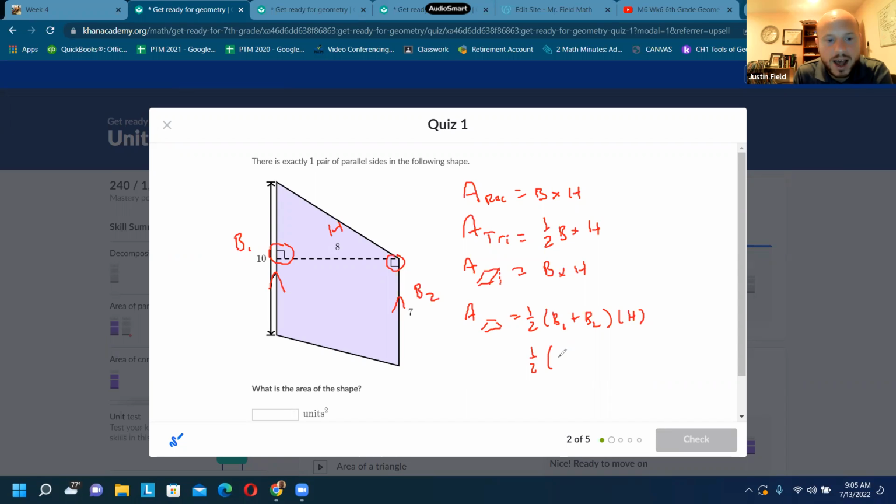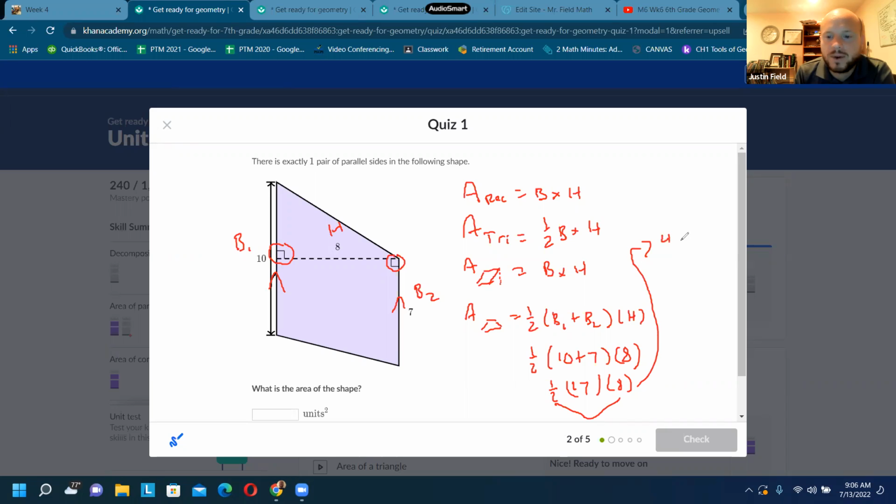Once we know the formula, we just substitute. So that's going to be 1/2 times 10 plus 7. I mean substitute. We don't say plug. And then we use our order of operations, so do parentheses first. That'd be 17. Pro tip: when you have 3 things you're multiplying, you can multiply any 2 of them first. So 1/2 times 17, I could do that, but I can also do 1/2 times 8, which I know is 4.